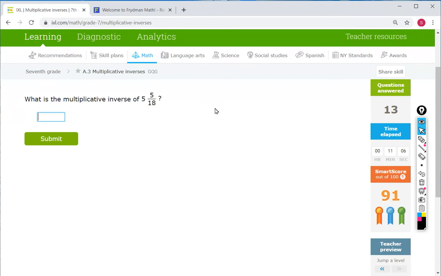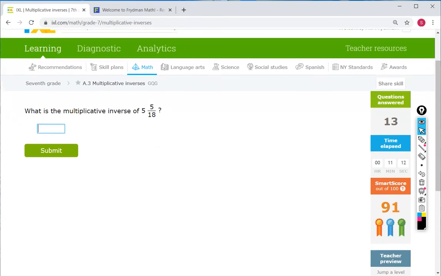I'm not going to write it all out if it's something that we've done a million times. Okay, here, I'll do another mixed number question. If we have a mixed number and we want to find the multiplicative inverse of it, the first thing we need to do is turn that into an improper fraction. We're going to do that by multiplying here and adding here.